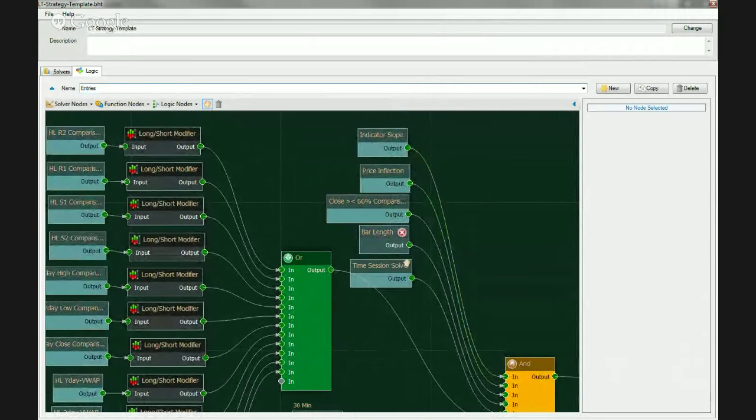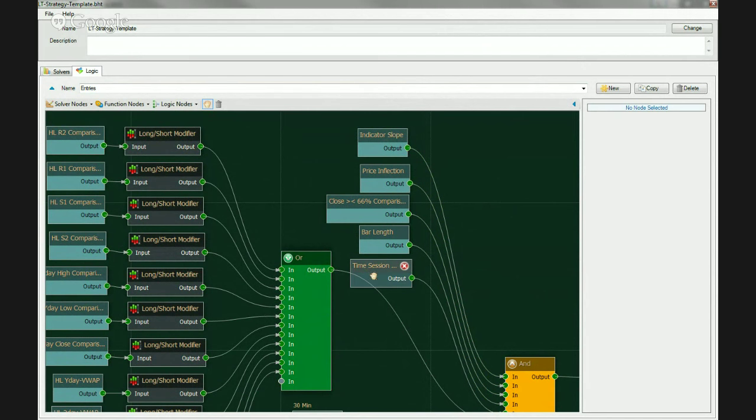The bar length is also an important condition that I've added, basically saying that we don't want to enter the market after we've had a huge move. So if it's anything more than 15 ticks or so, then we're not taking a signal right after that. We're not throwing ourselves in front of the bus.